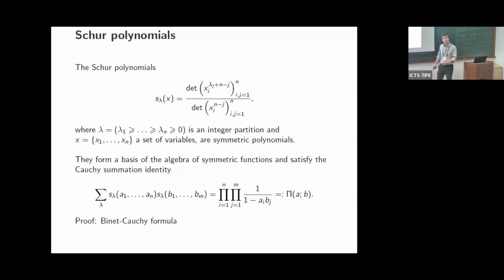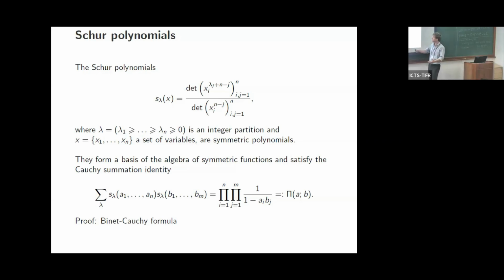The first one that I want to state is called the Cauchy summation identity. It's a summation identity, which is here. So I take one Schur function s_lambda evaluated in variables a1, a2 up to an, and I multiply it by another Schur function evaluated in b1 up to bm. So I take the product, I sum over all partitions lambda, and it turns out that the result is very simple.